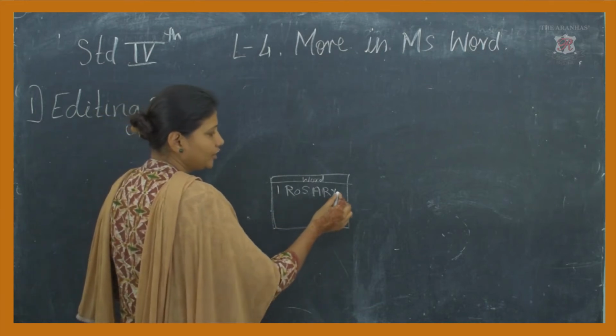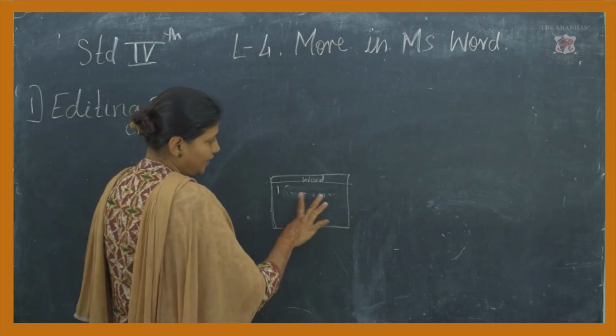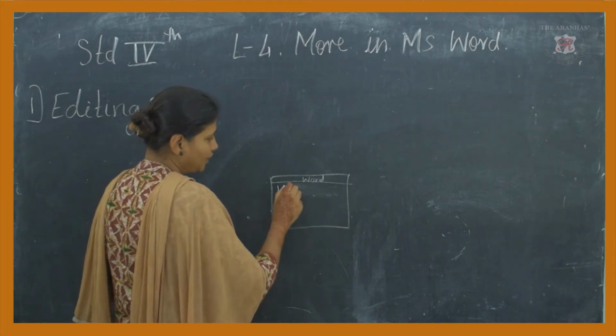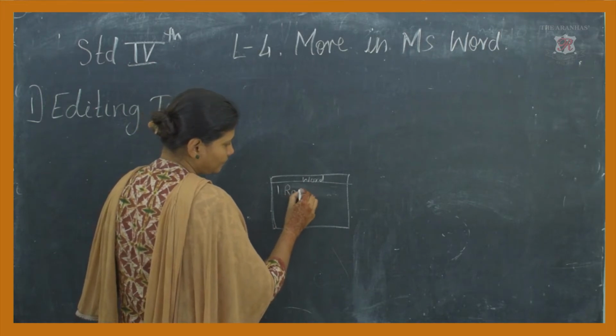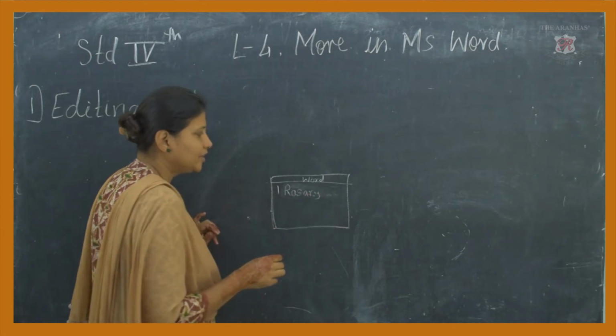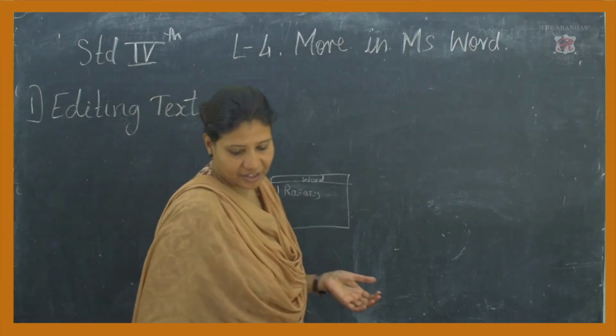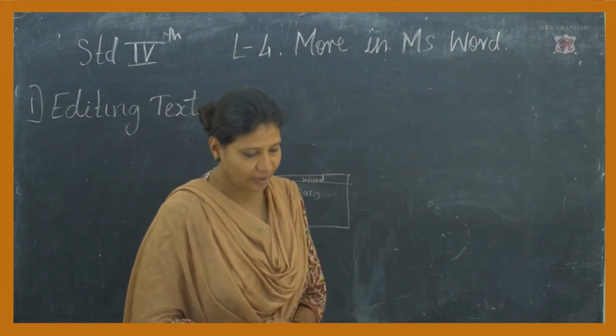So, what we will do? We will delete this and we will write again in small letters. First word will be capital. Like this. That means we can do editing. We can change the word, we can delete the word, we can replace the word, okay?